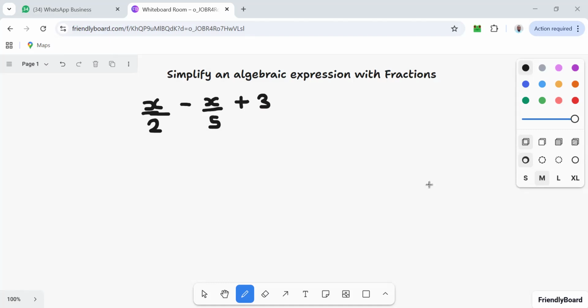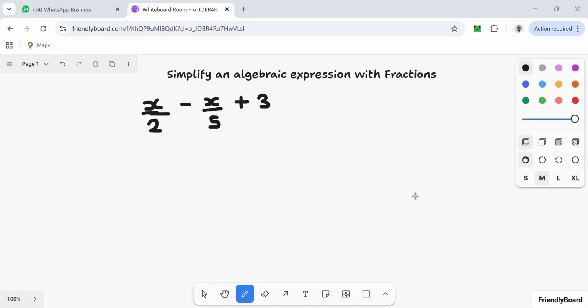Okay, so as you can see there, I have written an algebraic expression with fractions, and we are instructed to simplify it. So the first thing that I do here is, of course, identify my LCD.